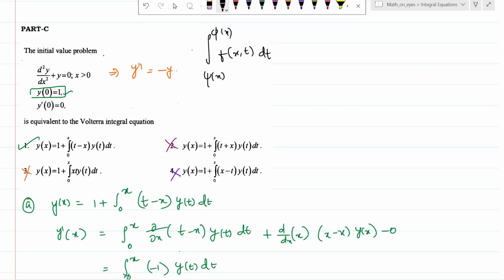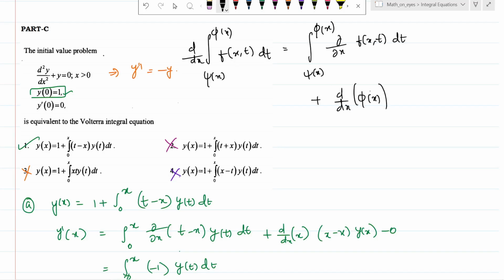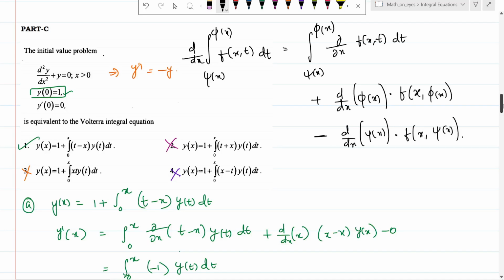When you take the derivative of this, d by dx of this full thing would be equal to integral psi of x to phi of x, dou by dou x of f of x comma t into dt, plus d by dx of the upper limit, multiplied with f of, instead of t, substitute phi of x, and then minus d by dx of your lower limit into f of, instead of t, substitute psi of x. So this is the formula.